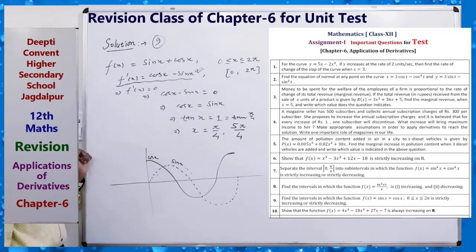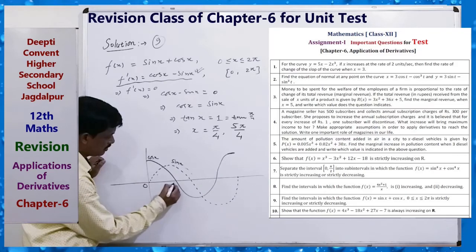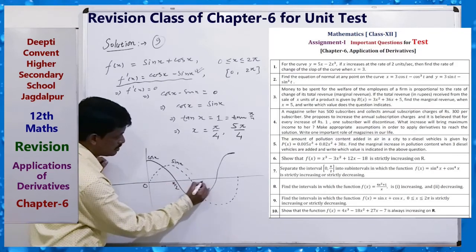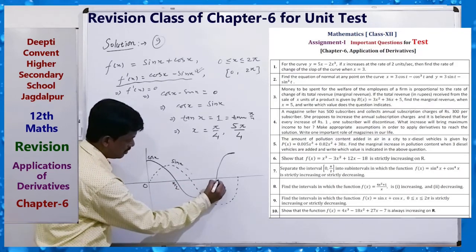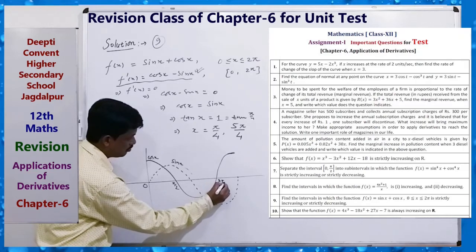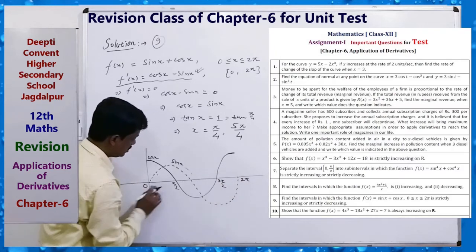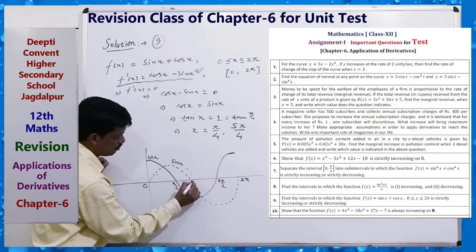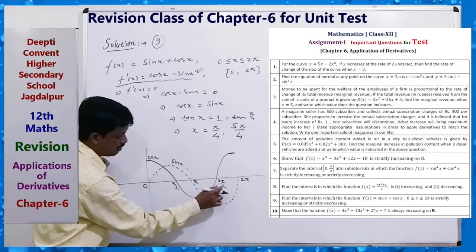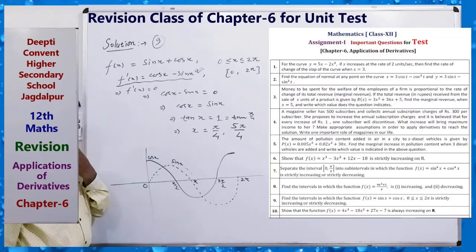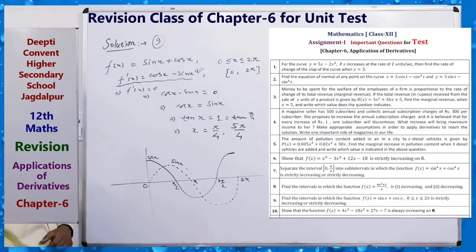Okay. Now this is 0, this is pi by 2, this is 3 pi by 2, this is 0, pi by 2, pi, 3 pi by 2, 2 pi. Okay, this is the graph of the function.